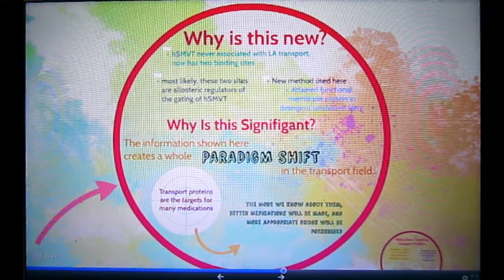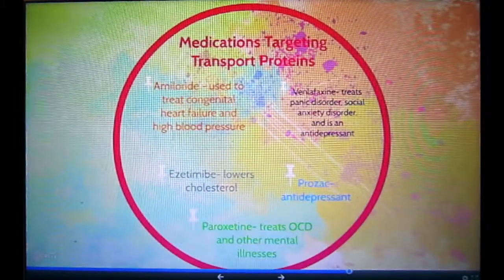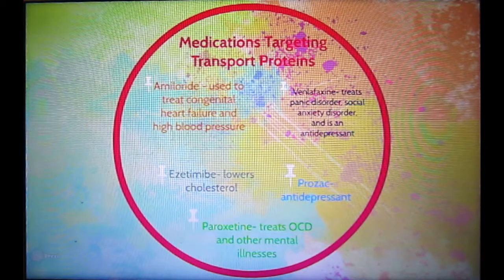So on that topic, there are some medications targeting transport proteins, and you have a bunch. Probably one of the most famous is Prozac, which is a very heavily prescribed antidepressant. You also have amiloride, which is used to treat congestive heart failure and high blood pressure.